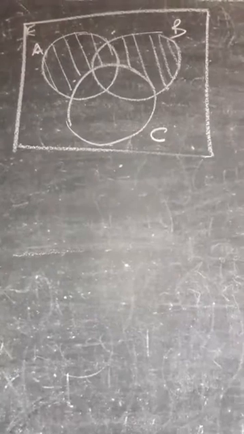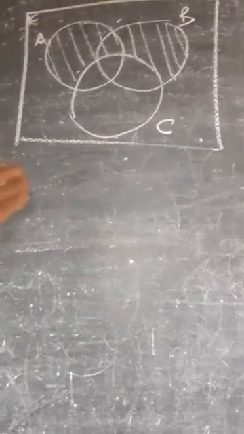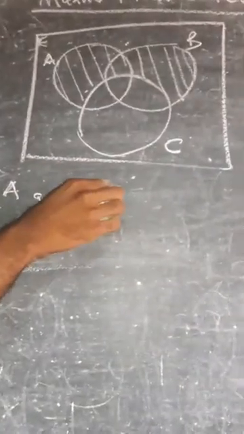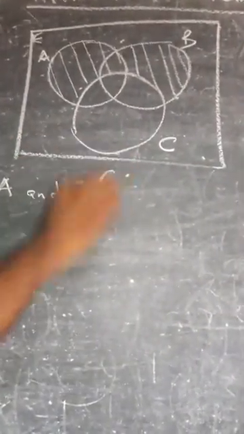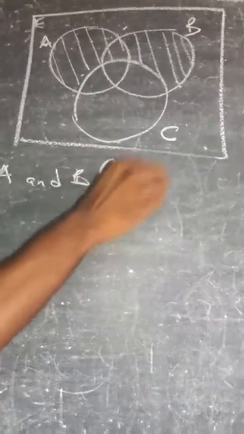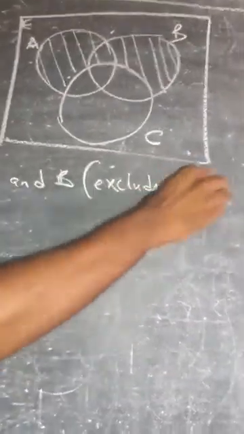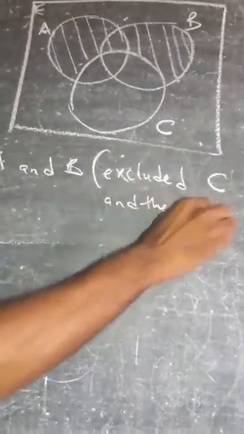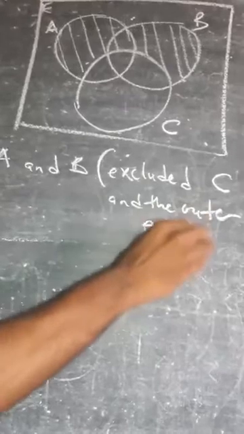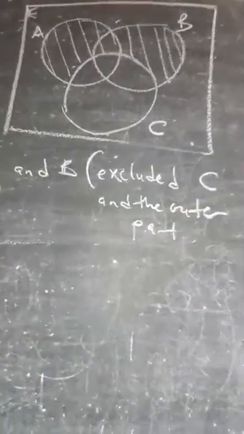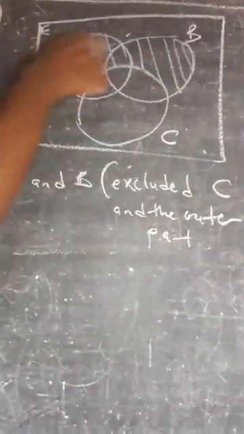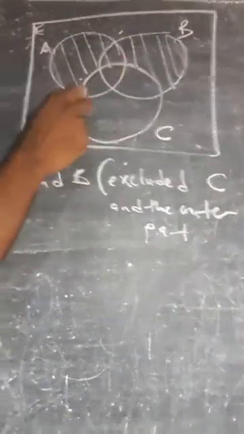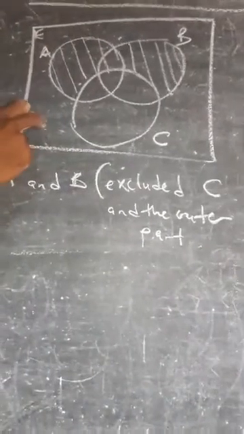Number 1, they shaded A and B, but excluded C and the outer part. They have shaded A and B, then they have excluded C and the outer part.